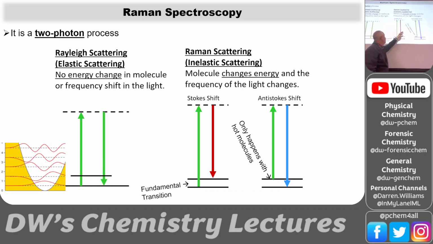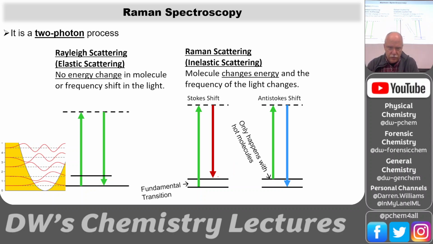We're interested in Raman. So this is our fundamental transition, 0 to 1, and the light comes in, interacts with the sample, but then the light comes out having lost some energy, and the molecule is now excited. And so the difference between these two is called the Raman shift.